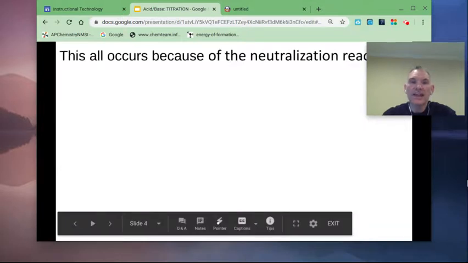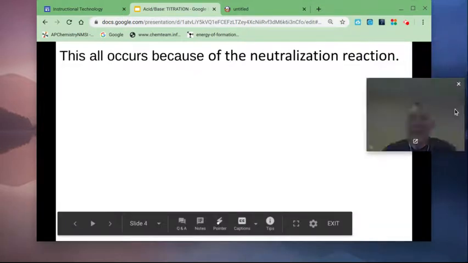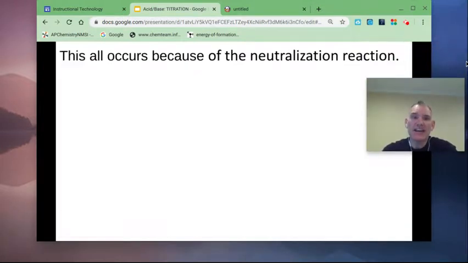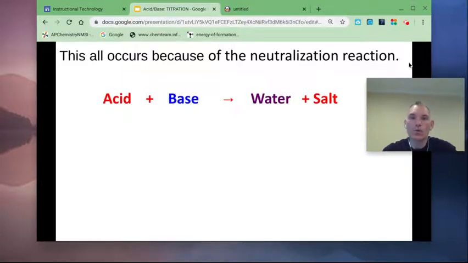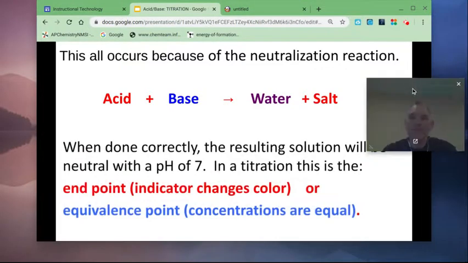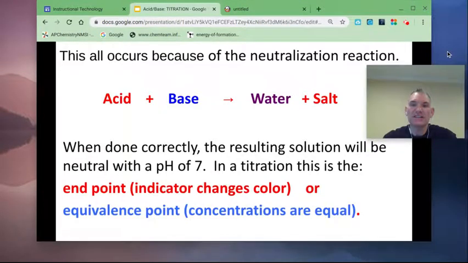When we're carrying out this acid-base titration, all of this occurs because of the neutralization reaction. The neutralization reaction, as you know, is acid plus base gives us water and salt. When this is done correctly, we hope that the resulting solution will be a neutral pH of 7.